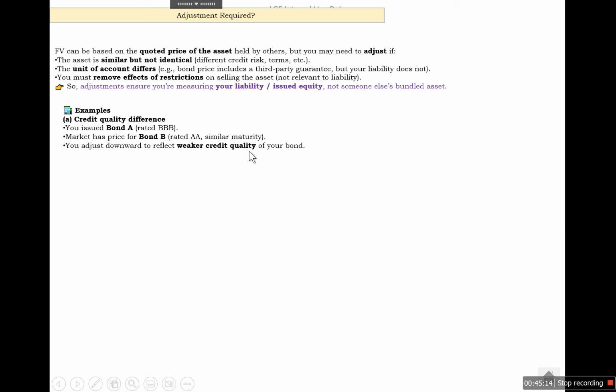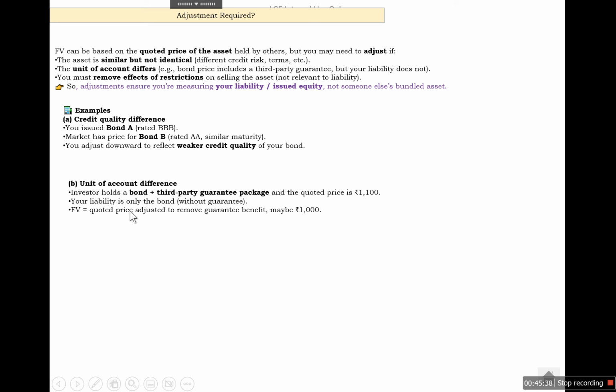For example, we have issued a bond A that is rated triple B, and there is no price for this bond. There is a price available for bond B, which has a rating of AA. So we need to adjust downward the value of bond A because its rating is lesser, so it carries a higher risk.